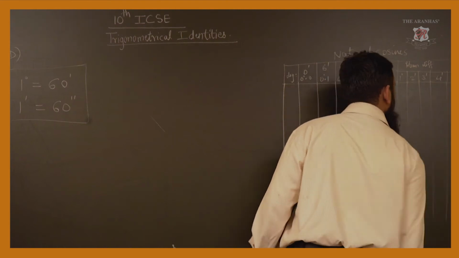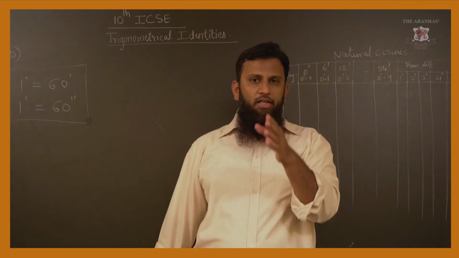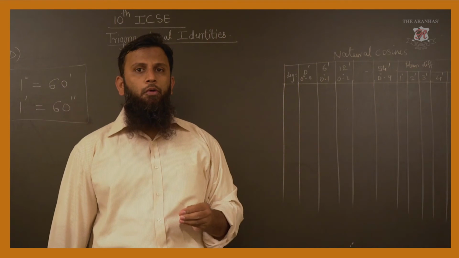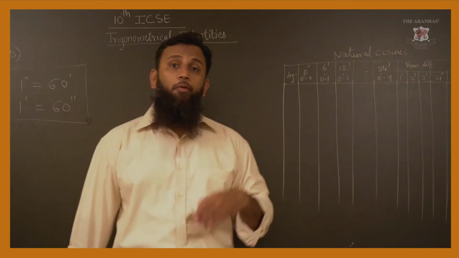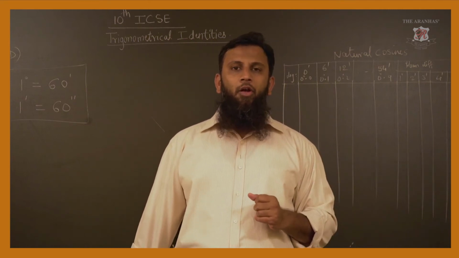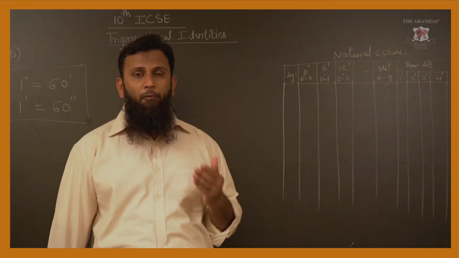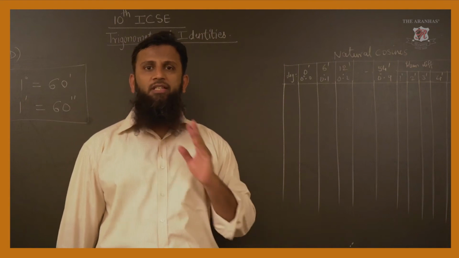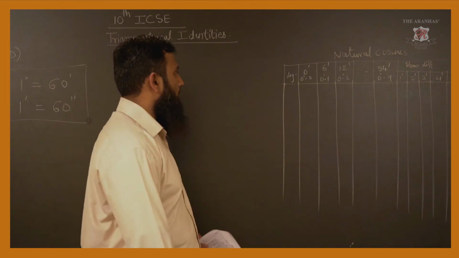Let us go for cos 45. Dear students, we are aware cos 45 degree is 1 upon root 2, but we have to write it in decimal form, not in fraction form. Root 2 is 1.414 and the reciprocal of 1.414 is somewhere around 0.707.